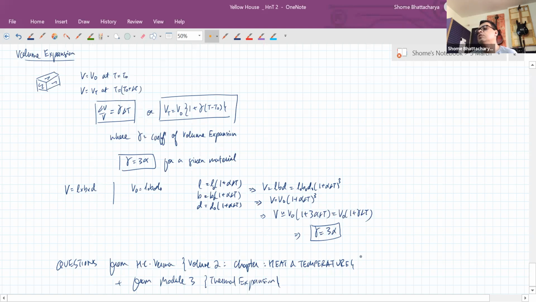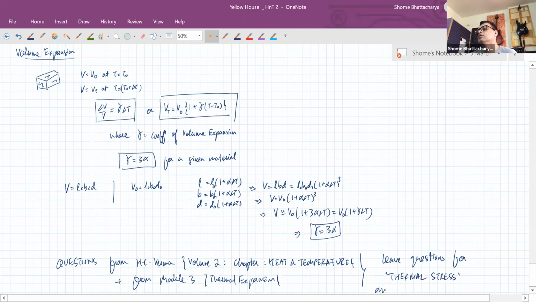Okay. Just leave out questions for the concept of thermal stress. Okay. And Young's modulus of elasticity, because this particular aspect we will study after doing properties of matter.